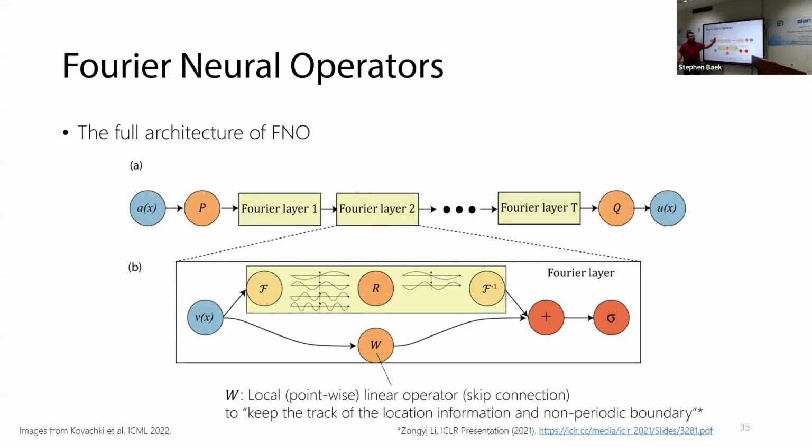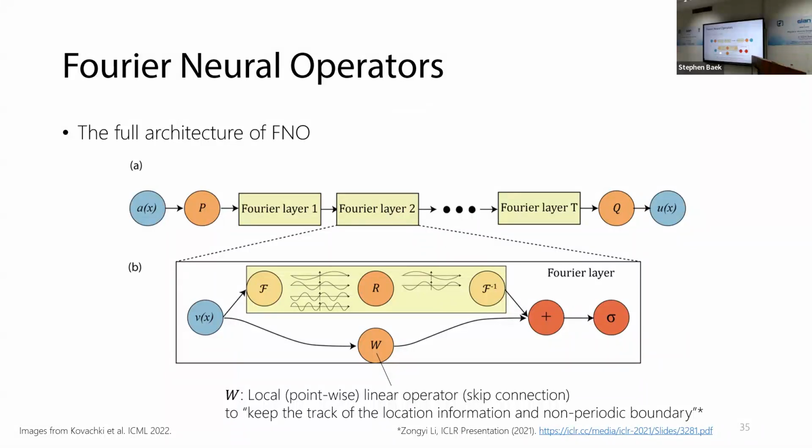Then you apply a bunch of Fourier layers, and at the end of the day, we have a post-processing layer Q, and then finally we produce the final prediction output U. So a continuous function with an arbitrary discretization comes in, and a continuous function with an arbitrary discretization comes out. And in each Fourier layer, like we just saw, we have the Fourier transform, linear transformation, and then the inverse Fourier transform.